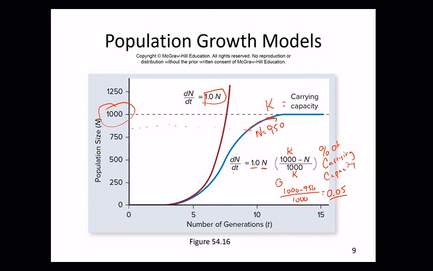Okay? And so when we reach this point, you can see the population growth has already dramatically begun to slow. If we come down further, let's say we're at 50 instead of 950, that would equal 0.95. So therefore we could say the population growth is 95% of the potential exponential growth.